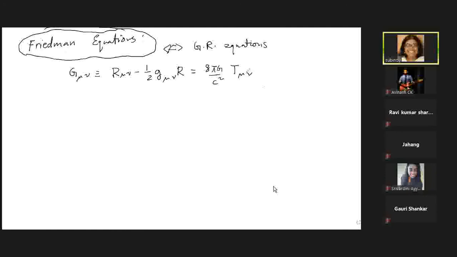And T mu nu is rho, minus p, minus p, minus p for a homogeneous fluid. This part we will not go into the detail now, but for those who want to know in detail, I will send the notes; either by calculating with Mathematica or by hand, it's a long calculation. So you can find out the Friedmann equation of cosmology.